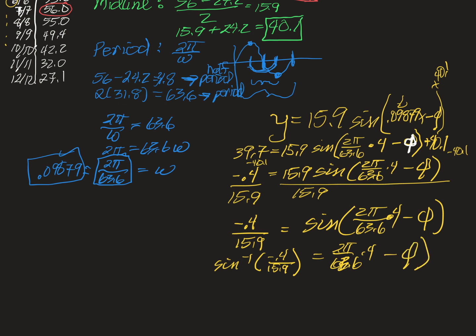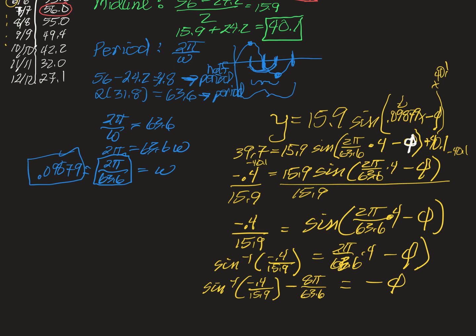And now all I have to do is subtract the 2 pi over 63.6 times 4, which, when I subtract that, I get the inverse sine of negative 0.4 over 15.9 minus 8 pi over 63.6, and that's equal to negative phi.